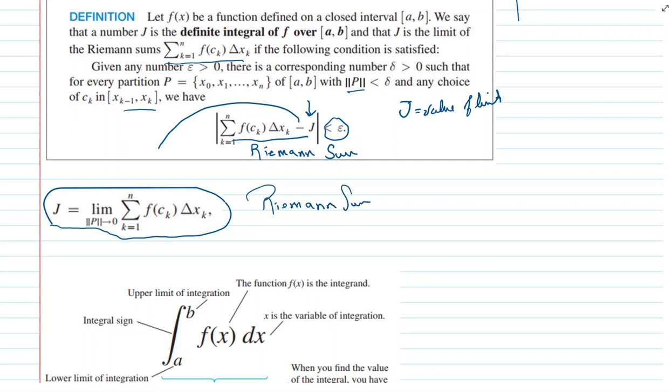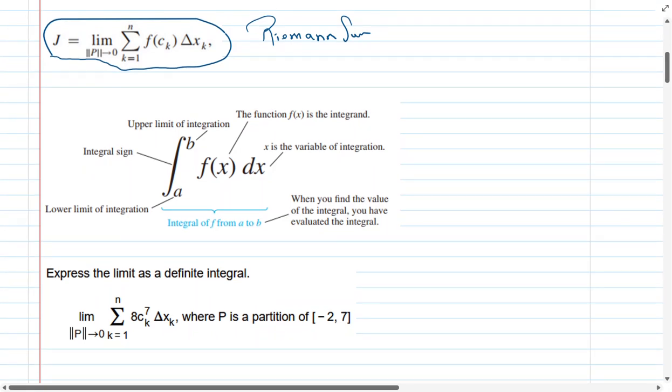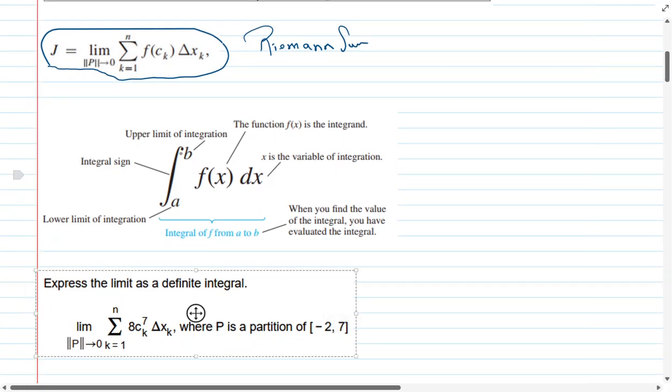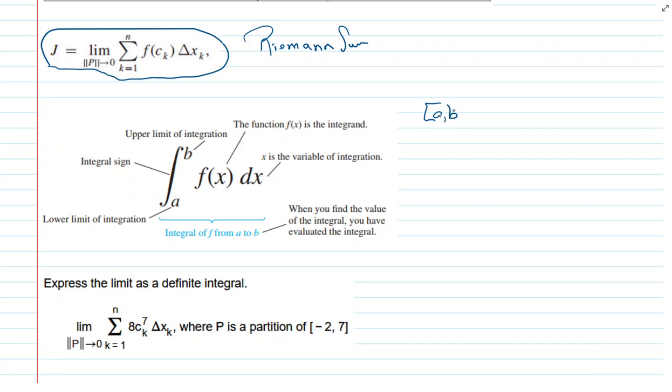We're talking integration, so we first have to know about the symbols. The symbol is the integral sign that looks like a very elongated S. And then we have the limits, the closed interval, structured in that interval.